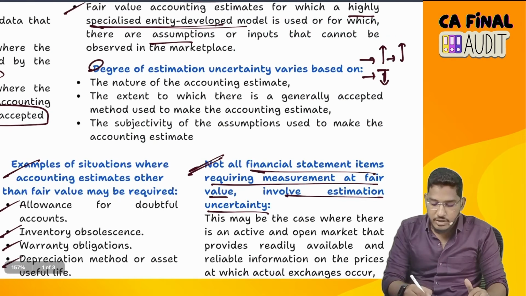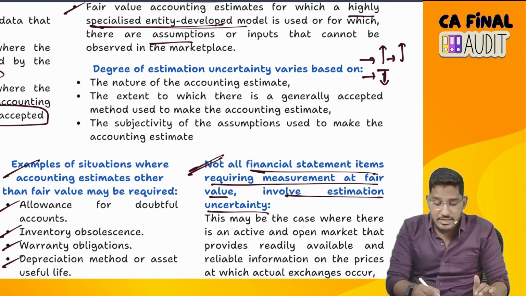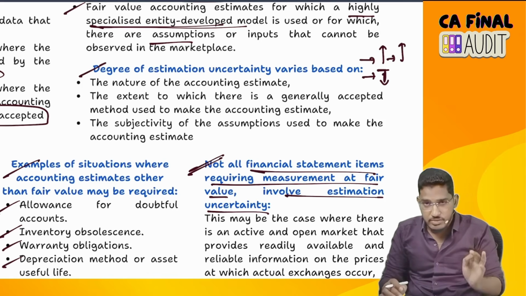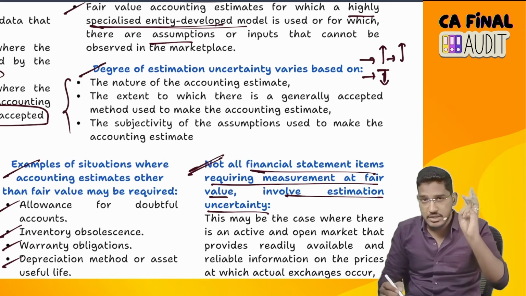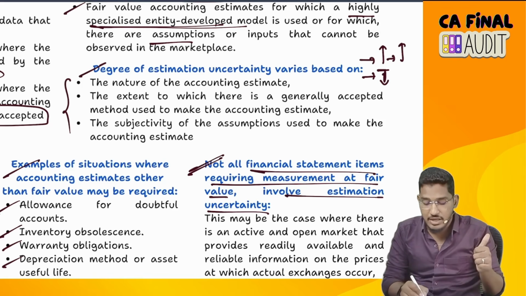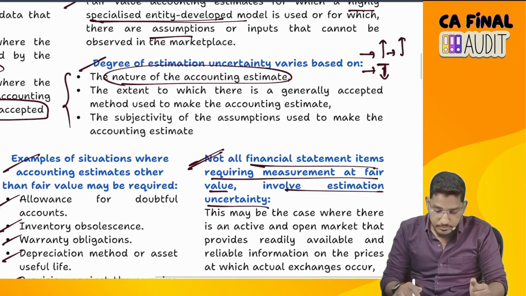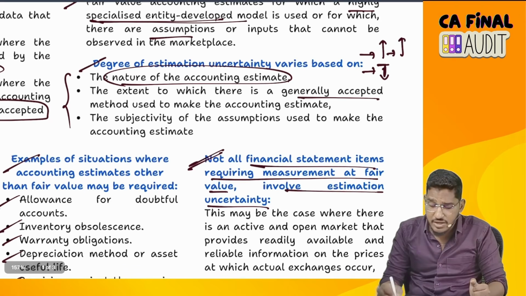So ultimately, if I have to give one conclusion, whether estimation uncertainty will be high or low depends on what factors. If I have to summarize, I can summarize into 3 factors. The degree of estimation uncertainty varies based on the nature of the accounting estimate. What is the nature of the accounting estimate? Is it fair value or other than fair value? Or the extent to which there is a generally accepted method.